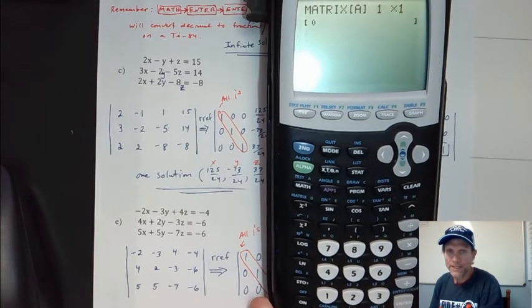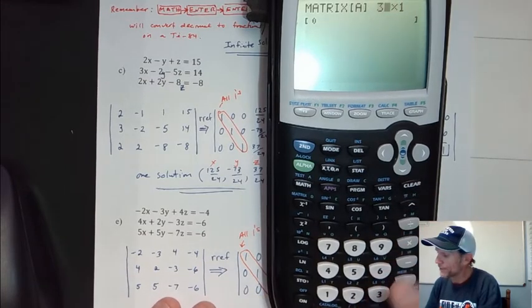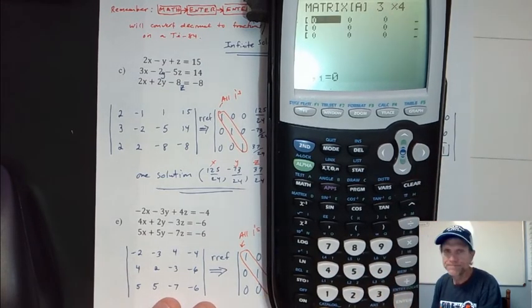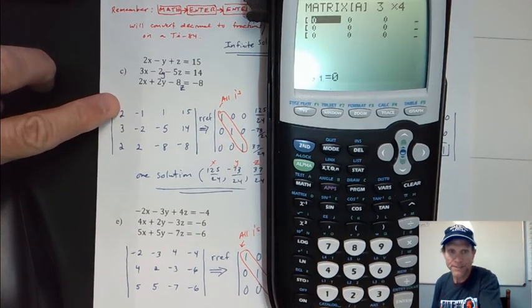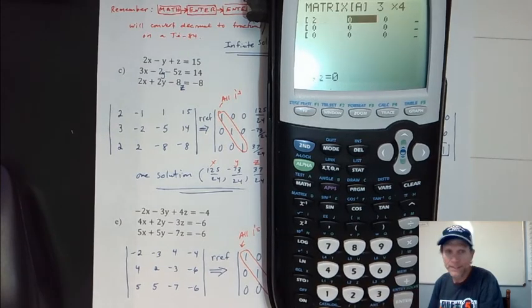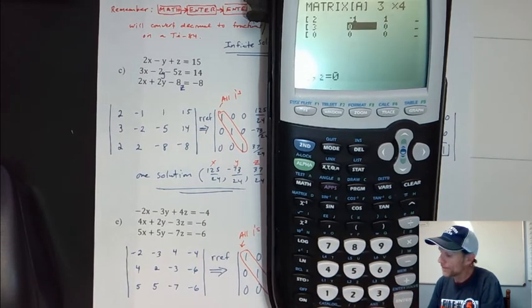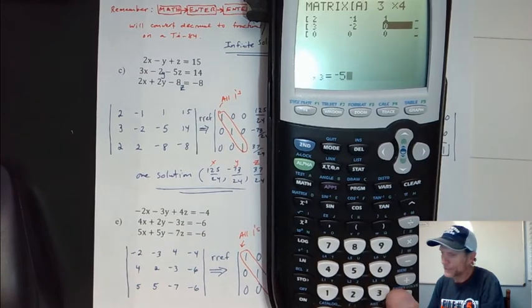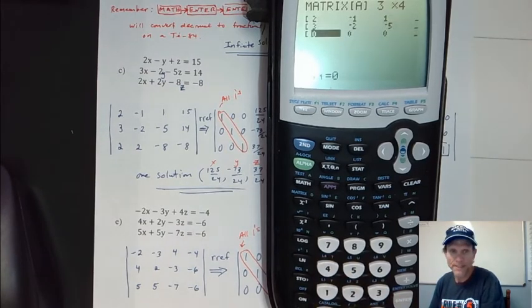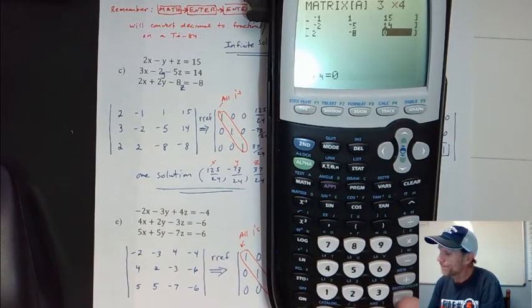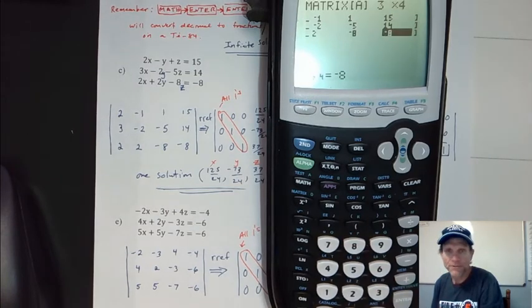And once I have this here, I will put 3 by 4 matrix. And then I have to enter in all my values for C, and you can kind of see them here. 2, enter, and it's about as fast as you can type, but be careful. Make sure you use the negative key and not the minus key. And I have all my values entered in.